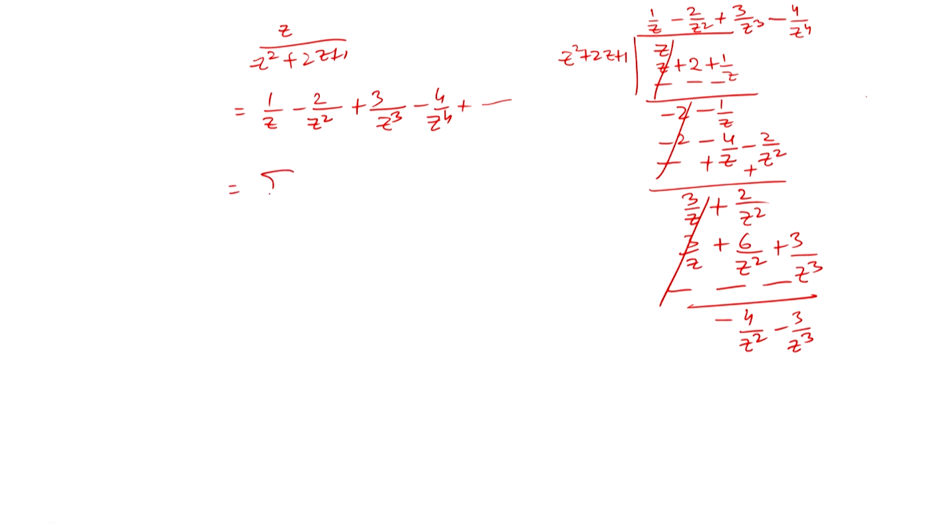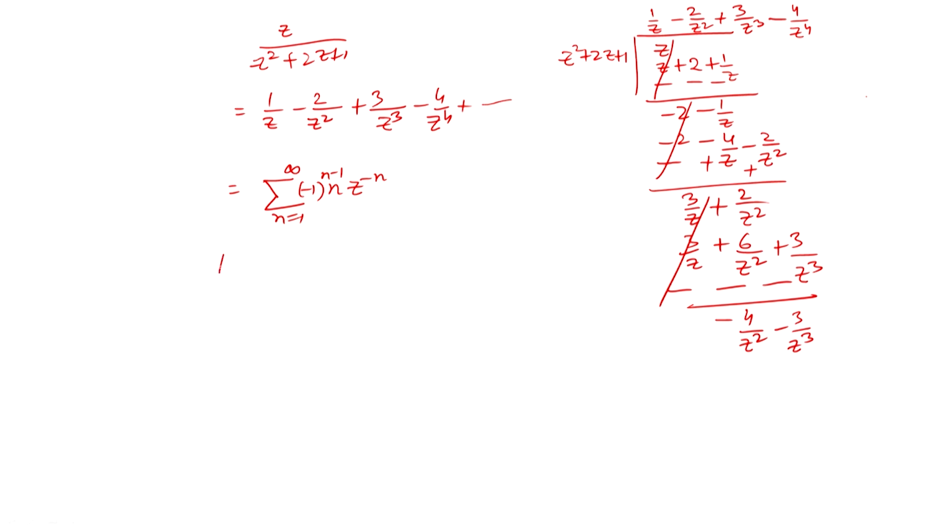This we can write as sigma n equal to 1 to infinity z to the power minus n into minus 1 to the power n minus 1 into n. So, if you take n equal to 1 you get z to the power minus 1, when you take n equal to 2 you get minus 2 into z to the power minus 2, and then you take n equal to 3 you get 3 over z cube and so on.